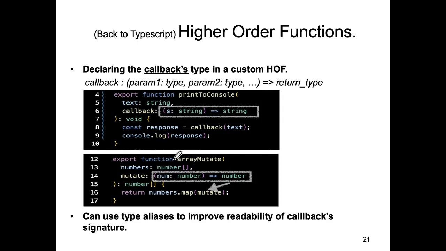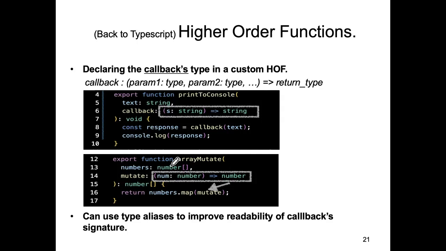Here's another example. I've got an array mutator function, and the idea here is that this function takes an array of numbers and mutates that array. In other words, it creates a new array where each entry in the new array is a mutation of the corresponding entry in the input array.